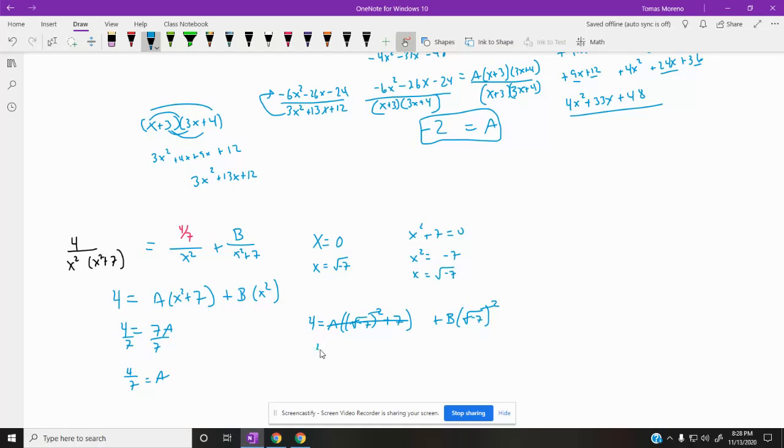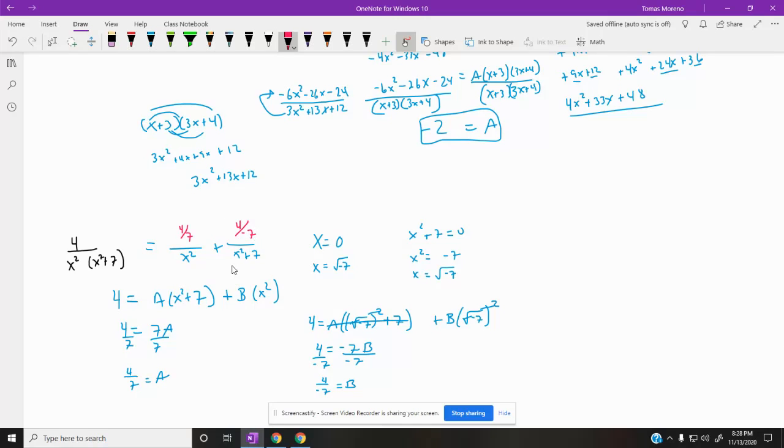This cancels, so now we have 4 equals negative 7 times b. Dividing by negative 7, this becomes 4 over negative 7 equals b. So we get a similar answer, but we have this problem.